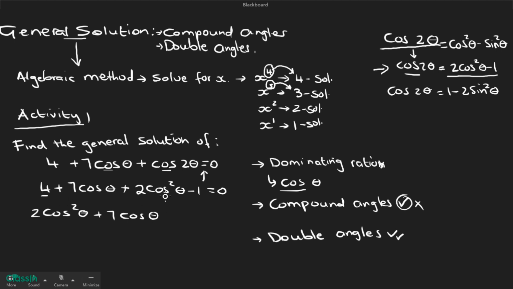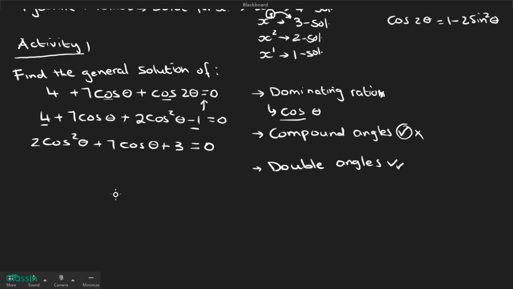Then what is 4 minus 1? We have positive 3 equal to 0. Now that we have this, we can make a statement. If you check, we have something like a quadratic equation.